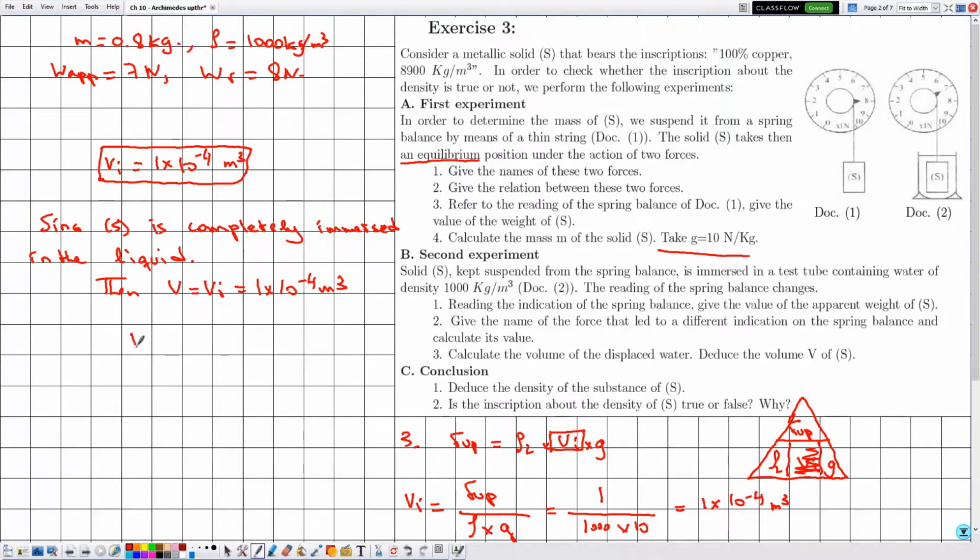So the volume V of the solid S is given by 1 times 10 to the power minus 4 meter cube.